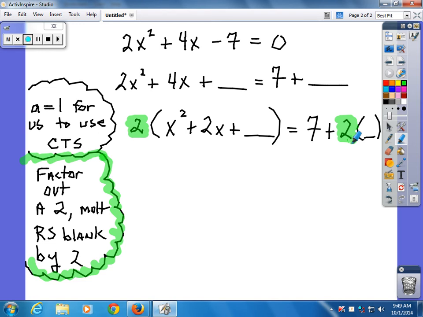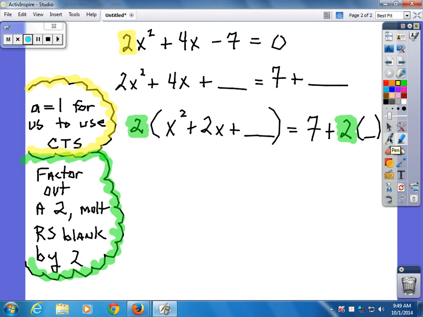And I'm going to take another highlighter, a different color, and highlight this right there. I think you remember that that 2 is not supposed to be there. You've got to do something with it. Now, can we do completing the square now?